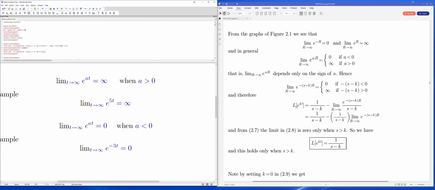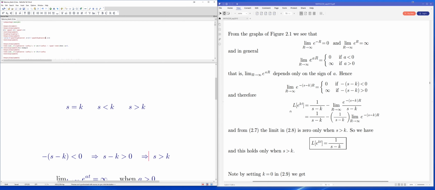So Laplace of e to the kt is equal to 1 on s minus k only when minus s minus k is less than 0, because in that case this limit turns out to be 0.